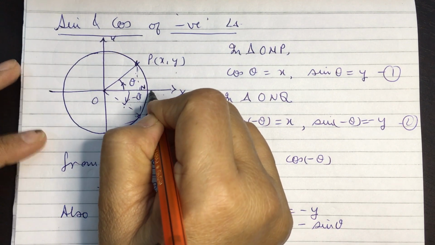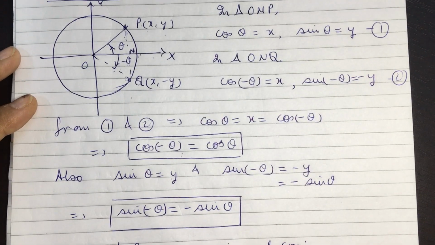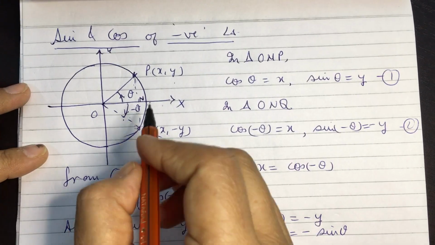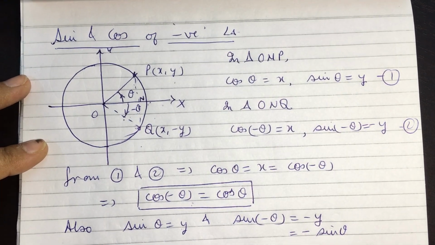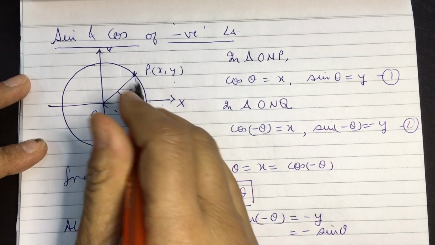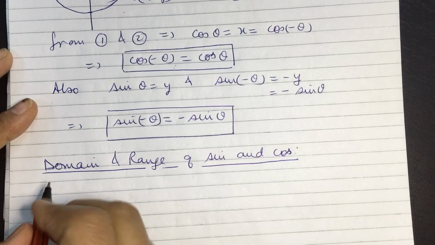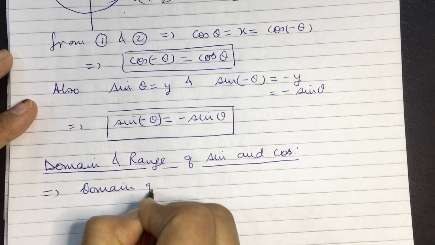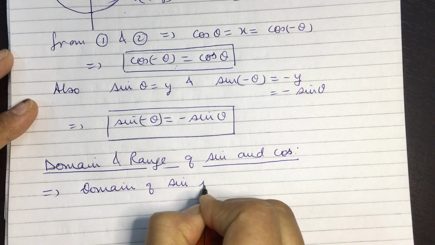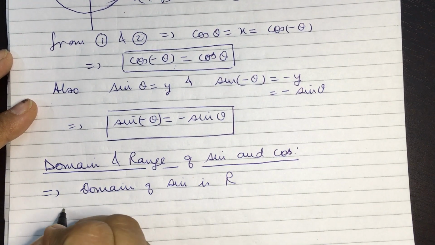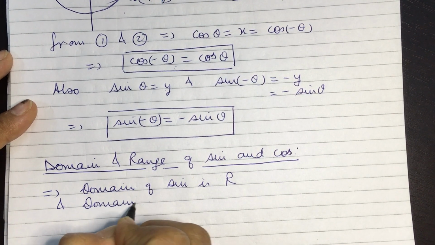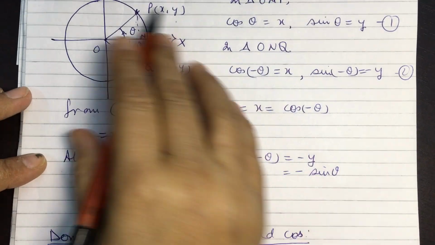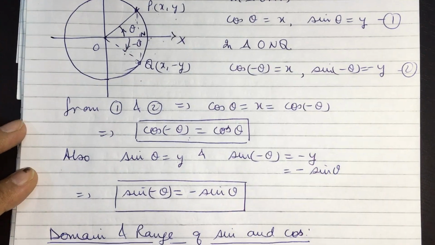So it means that sine and cos are always defined. The only thing is that we'll get values which are repeated, but there is no point for which sine and cos is not defined. So it implies that the domain of sine is real numbers and the domain of the cos function is also all real numbers, meaning it is defined for all real numbers.